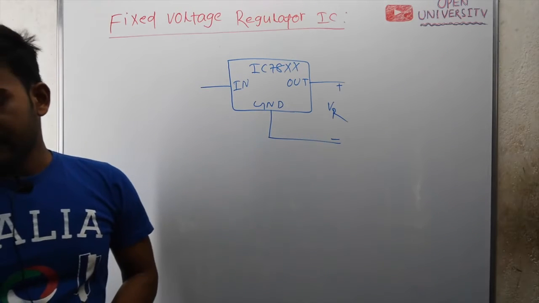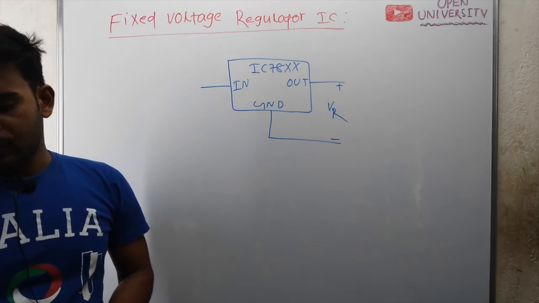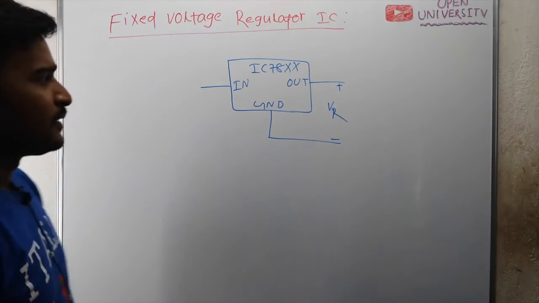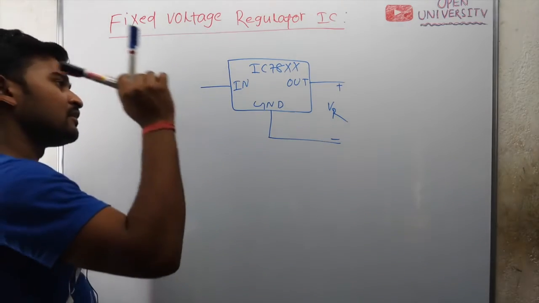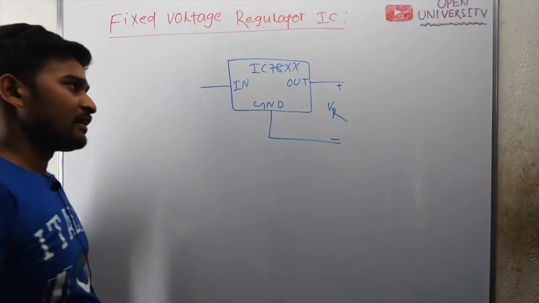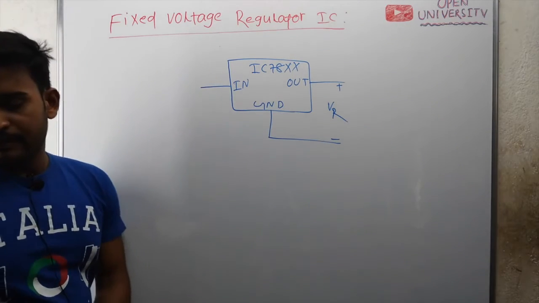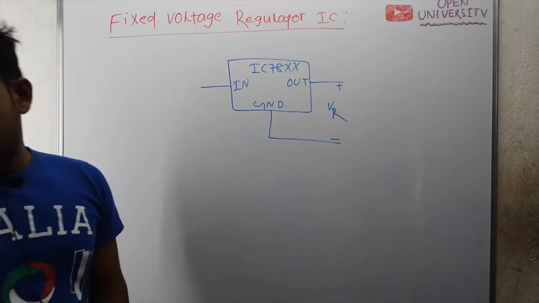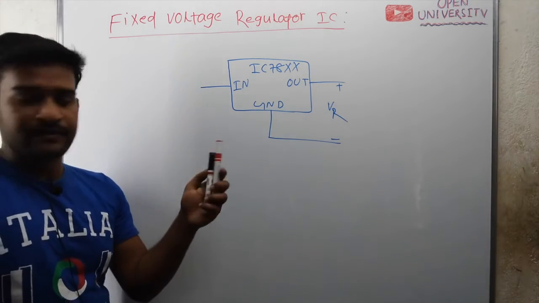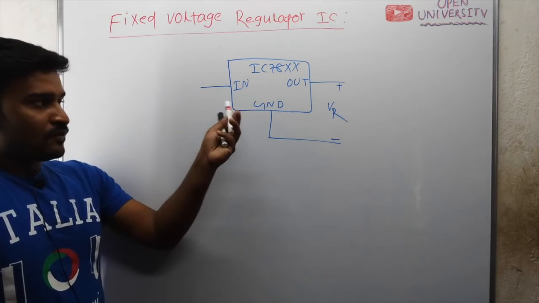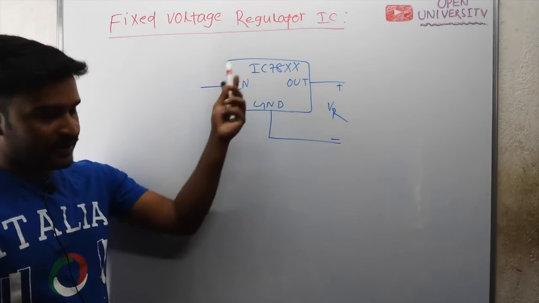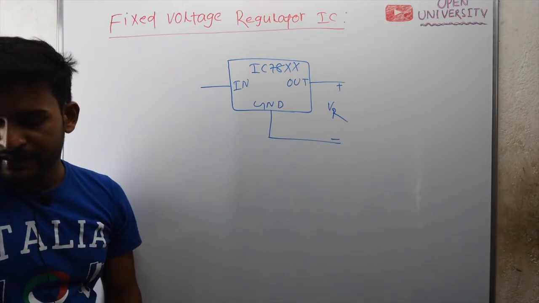Why? Because a minimum of 2 volts should be allowed to drop across the internal circuit of the IC.